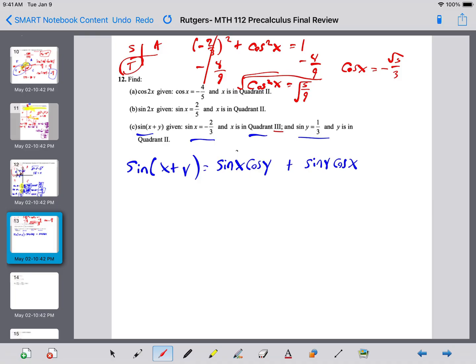Because only tangent or cotangent would be positive in quadrant 3. Now for sine of y, we have 1/3 squared for sine squared of y plus cosine squared of y equals 1. And we're going to do the same thing. Subtract 1 over 9. We have cosine squared of y equals 8 over 9.